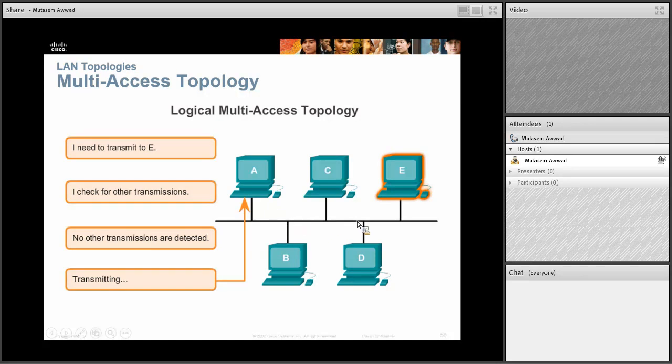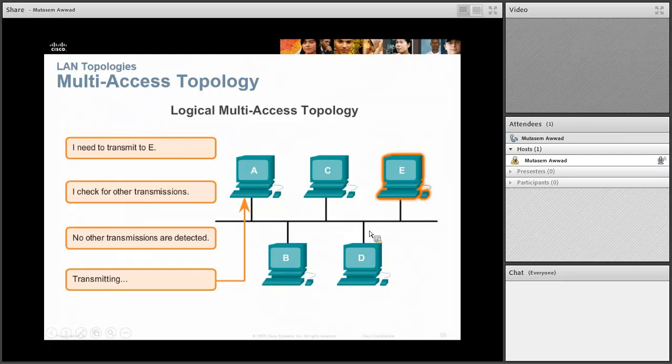That's what carrier sense means. They're waiting on this road to see if there's traffic. Once the road clears up, then A and D jump in at the same time. That's what multiple access means. They are allowed to transmit if they sense that the segment is clear.